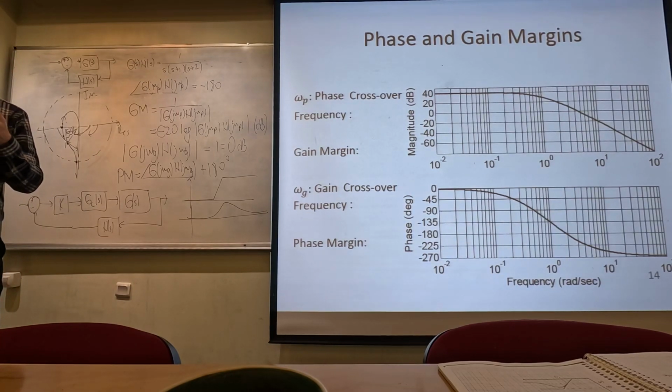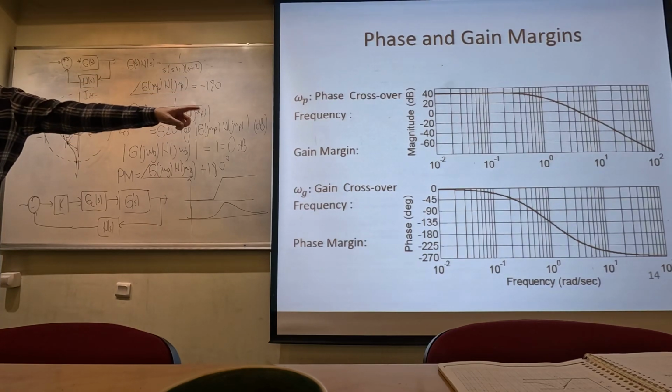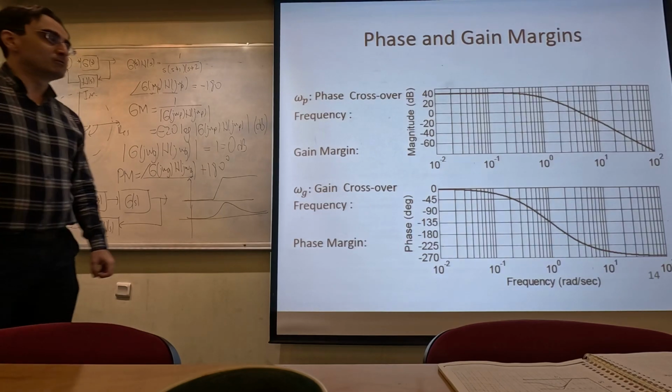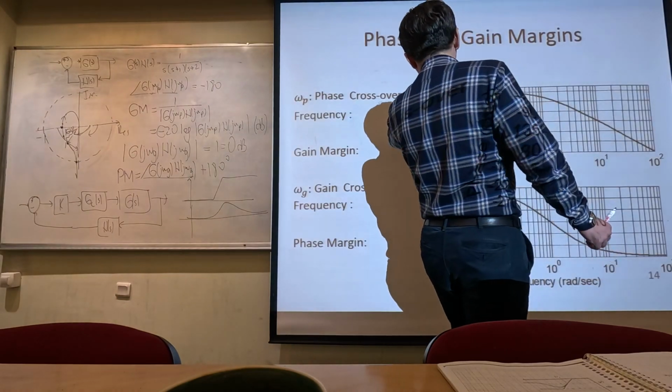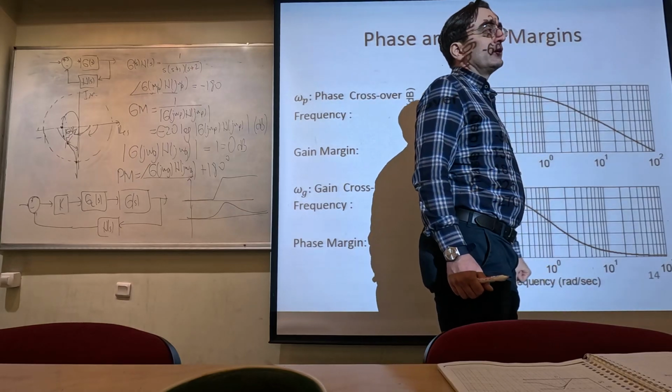Controller design is going to turn into what to add into those Bode plots to make the phase margin larger, for example. Here we have seen that the phase margin is minus 45 degrees.